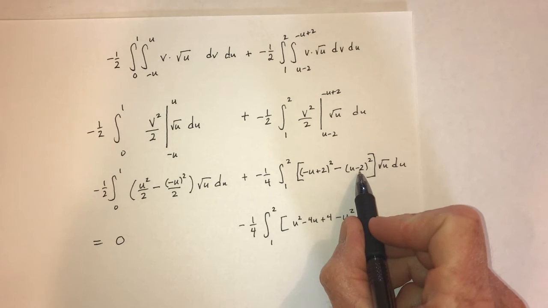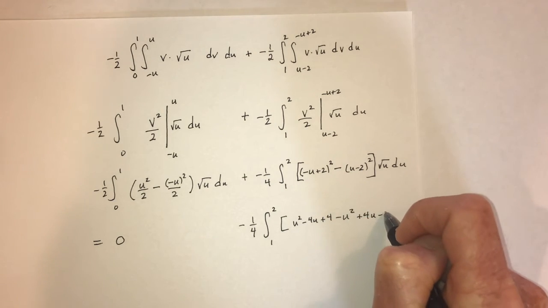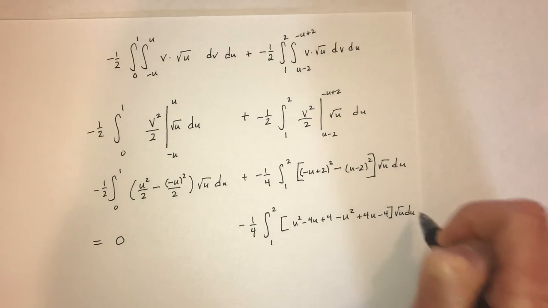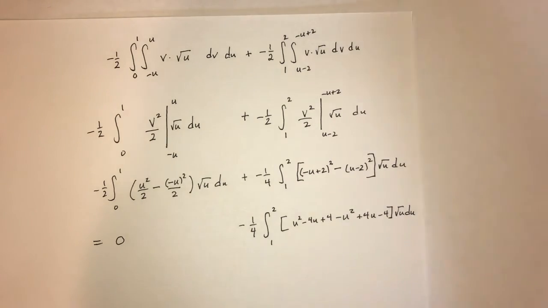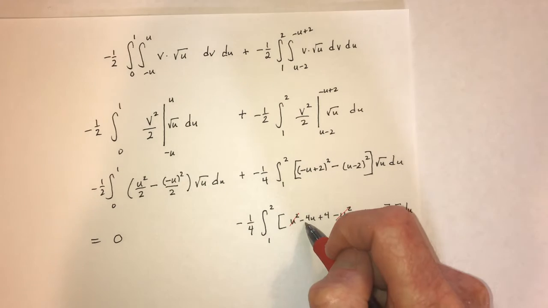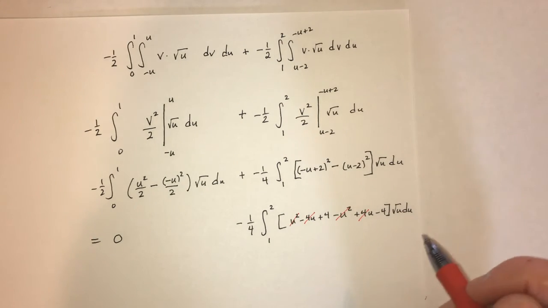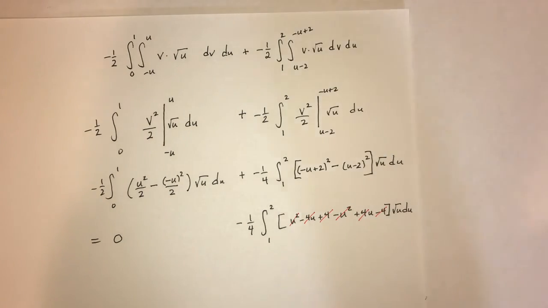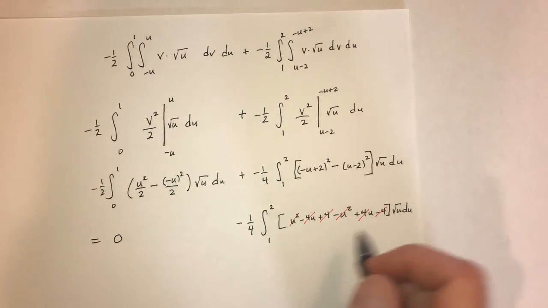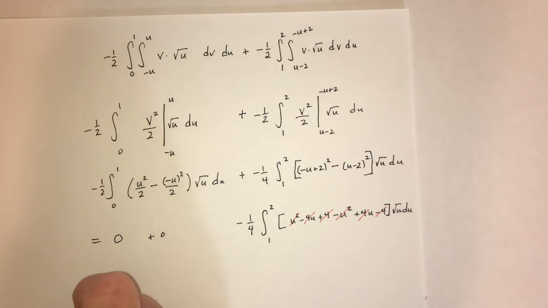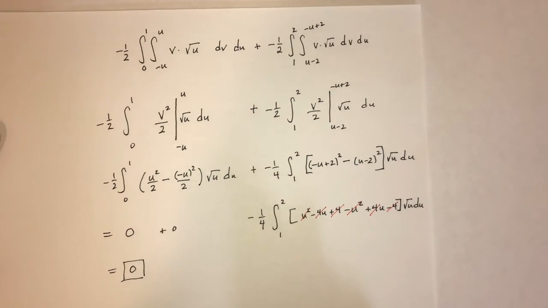And then when you square that, it's a 4, but with that, it's minus 4. And then it's still times the square root of u du. And then u squared minus u squared cancel. Negative 4u and positive 4u cancel. Negative 4 and positive 4 cancel. That means that this whole part is equal to 0. So that means that the final answer is actually just 0 plus 0, or 0.